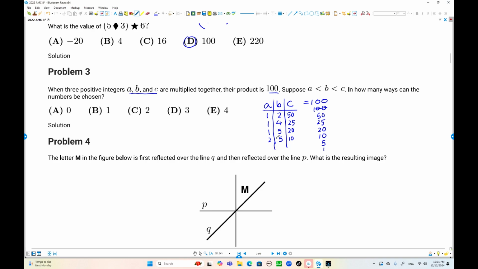This is 10, right? Okay. Maybe you can try the 5 again. If this is a 5, the product of these numbers is 20. 20 is what? 1 times 20, 4 times 5. That's all. Nothing more, since this was 5, right? So we cannot do more, right? So we have 1, 2, 3, 4 different ways, okay?